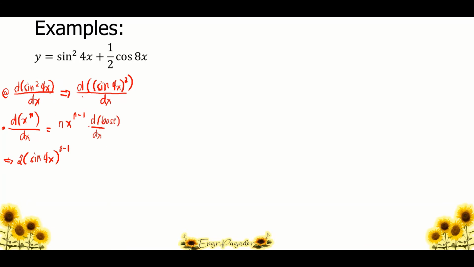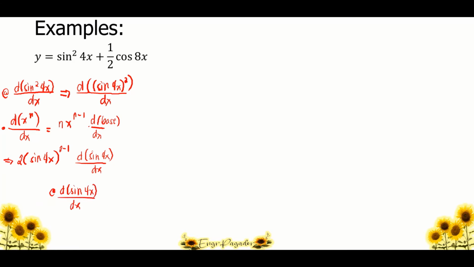So, ano ba yung base natin for this example? Yung base natin dito is si sine 4x. So, yun yung kukunin natin yung derivative with respect to x. Now, let us get the derivative of your sine 4x with respect to x.